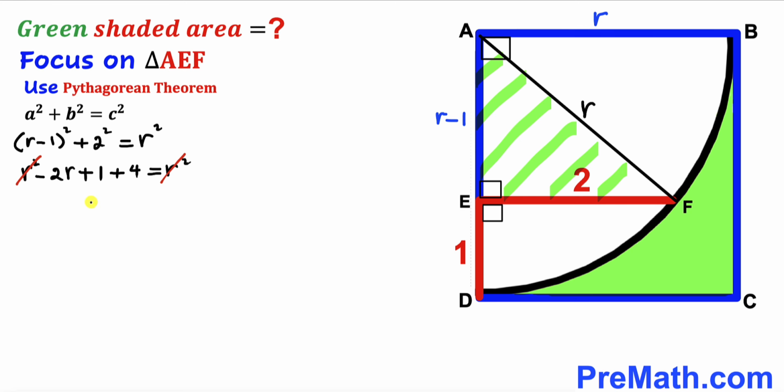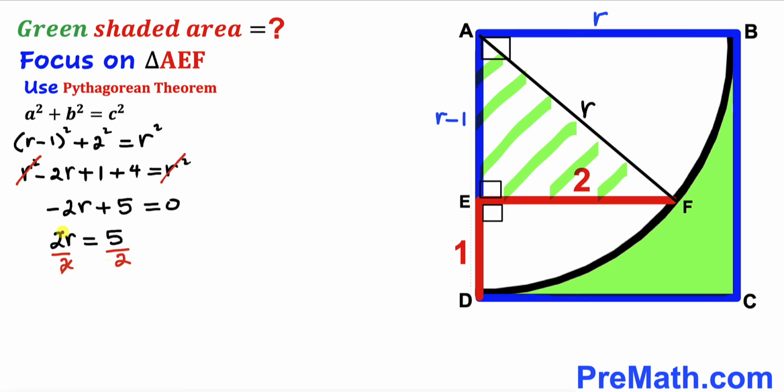So we end up with negative 2r plus 5 equals 0. Now I'm going to move this negative 2r to the other side, so we get 2r equals positive 5. Now we divide both sides by 2 to solve for radius r.